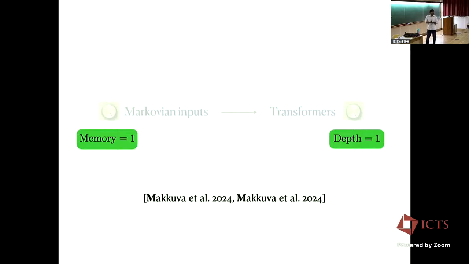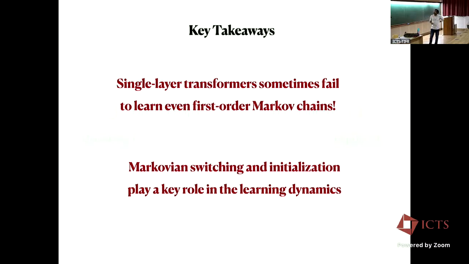So let's start with the basic setting, which is a first order Markov chain with a single layer transformer. The main takeaway is a very surprising result: even in this simplest setting, you can show that even single layer transformers can provably fail to learn a single first order Markov chain, which is indeed a surprising phenomenon.